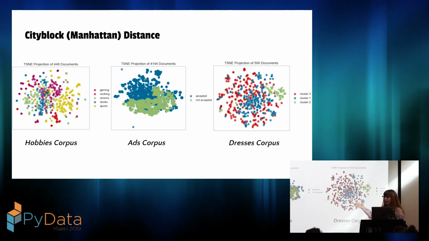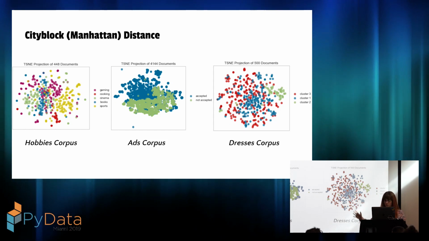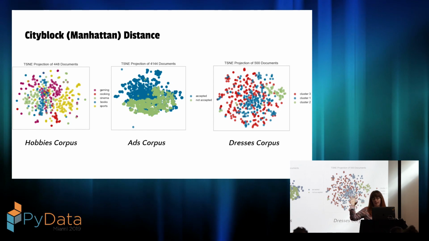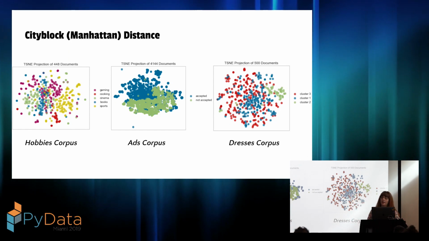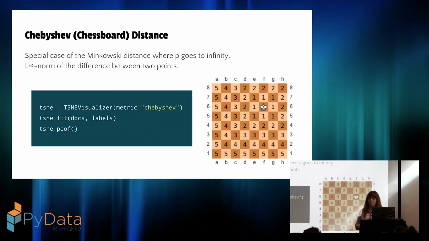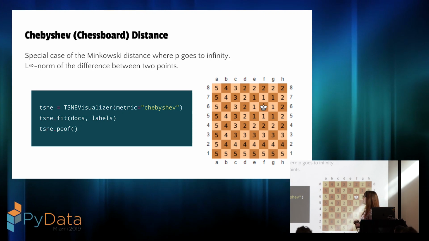And the ads corpus, again, has two fairly distinct clusters, and the dresses corpus, again, is a little bit of a mess. There's a single cluster, the green points, that's maybe a little bit distinct. We can do chessboard distance by passing in the keyword argument Chebyshev.